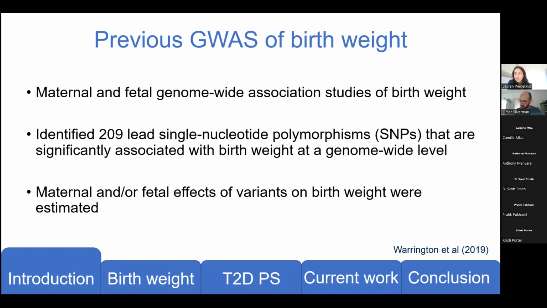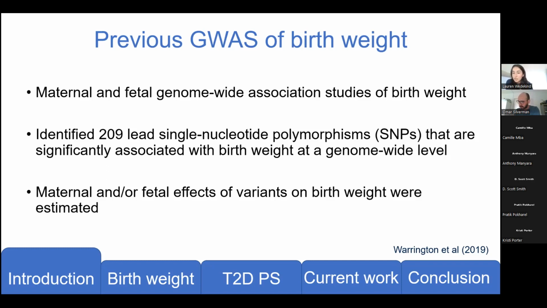And also what they did, which was really brilliant, was they did separate maternal and fetal GWAS. So they analyzed genetic data from moms as well as from their offspring to look at the genetic variants that were associated with the offspring's birth weight. For the maternal GWAS, that was looking at the mom's genotypic information that was associated with how much the offspring weighed when they were born.